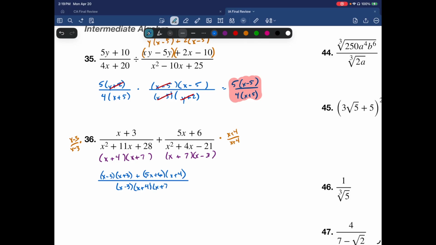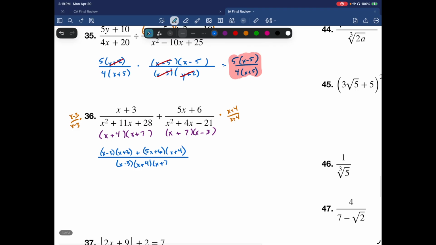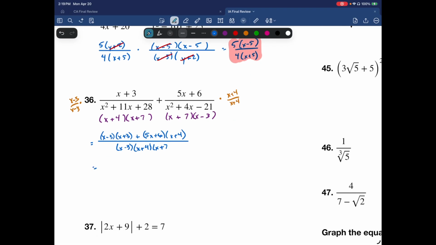And now I just need to clean up the top and simplify. Okay, so it's going to be x squared minus 9 plus 5x. Let's do this. That's going to be x squared plus 3x minus 3x minus 9, plus 5x squared, plus 20x, plus 6x, plus 24, all over x minus 3, x plus 4, x plus 7.